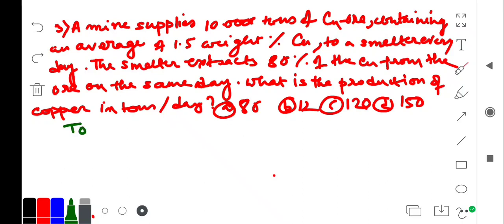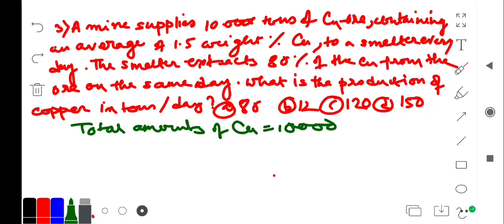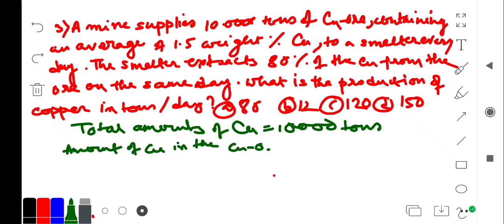Okay, there is given the total amount of copper ore equal to 10,000 tons. The amount of copper in the copper ore is equal to 1.5% into total 10,000.